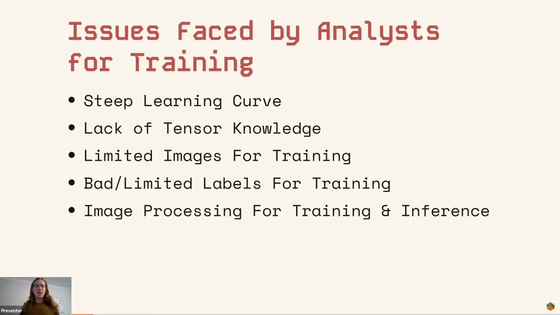In addition, you still need to process your images, and with whatever model you decide to build, you are subject to the size of your image and the tensors associated with training off of that image. When you want to do inference and you don't have these images yet, you need to have those images match the training data images. So that can be a little tedious.